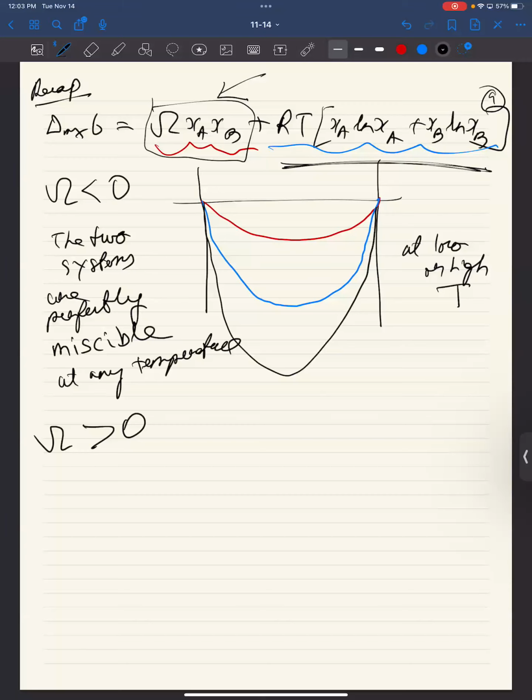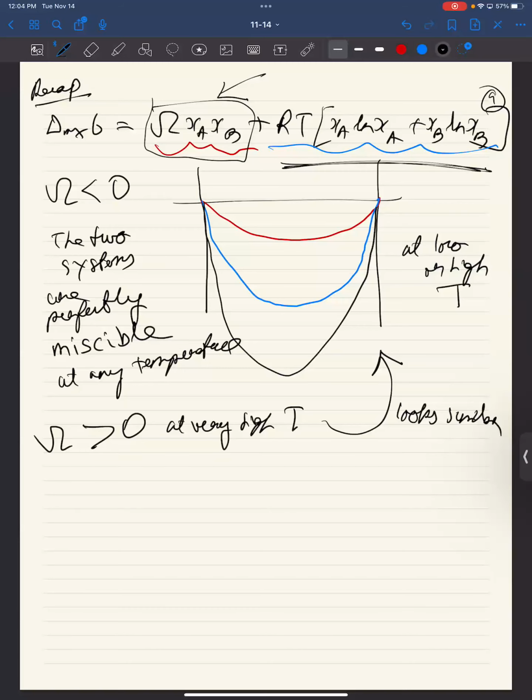So omega positive at very high temperature looks similar. Delta mixing G looks similar. The delta mixing H, the parabola, is now positive because omega is positive, but it's a teeny weeny parabola. It just doesn't matter. The entropy of mixing contributes so much.